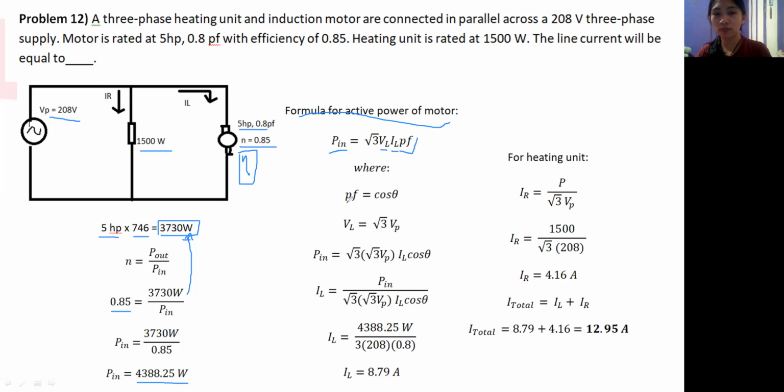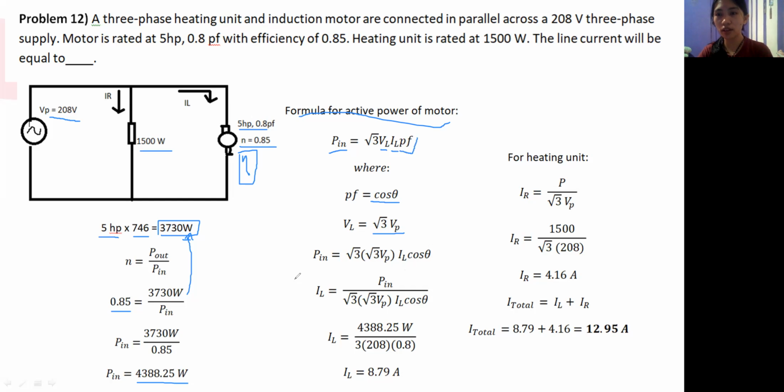We have to note that PF is just equal to cos theta, and the line voltage is just equal to the square root of 3 times the phase voltage. So substituting, Pn is equal to the square root of 3 times the square root of 3 Vp times IL cos theta.